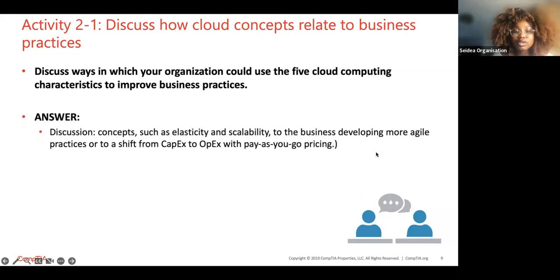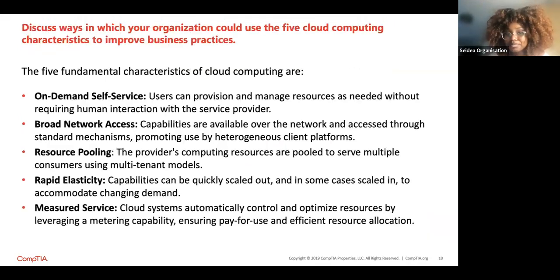So in regards to the main answer, we were looking at things like elasticity, which was talked about, and scalability, and the business developing more agile practices or shifting from more capital to operational expenses using that pay-as-you-go pricing model.